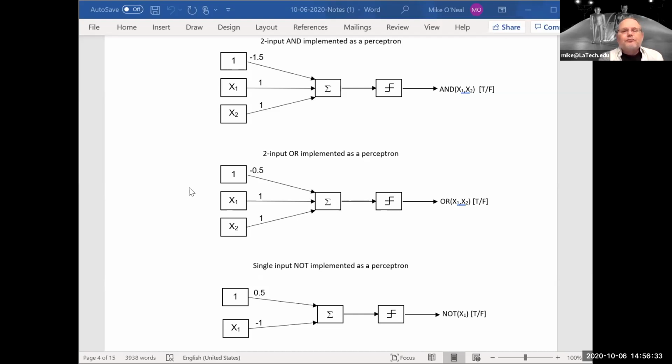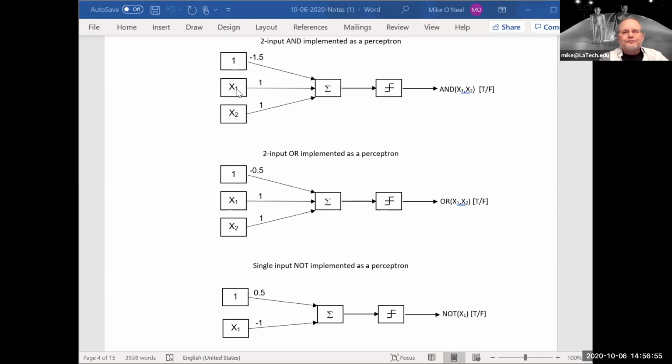So here is an AND, okay? Basically you've got 2 inputs, they're equally weighted with 1s, and you've got a threshold of 1.5. If you do it as a weight, it's negative 1.5, right?